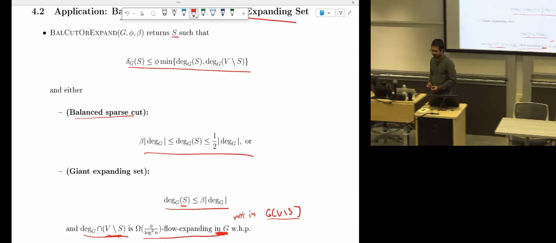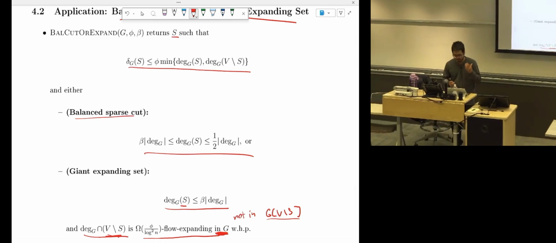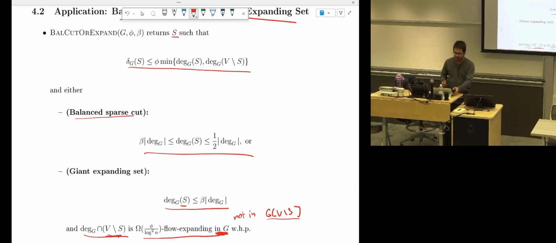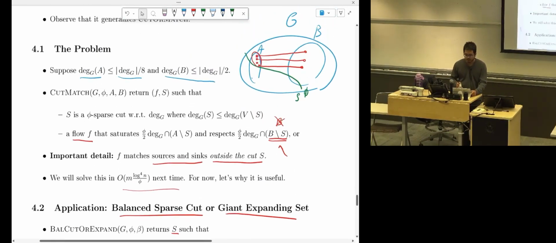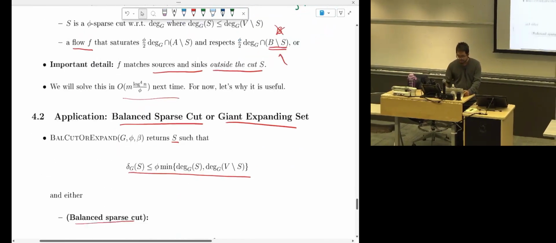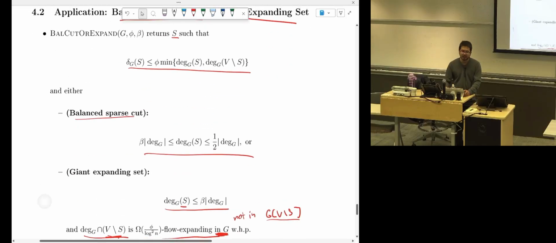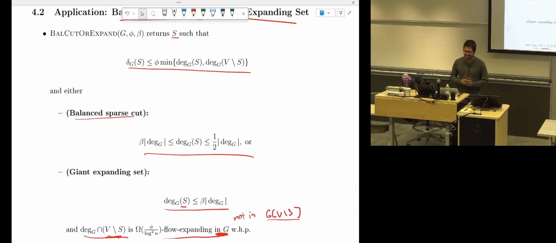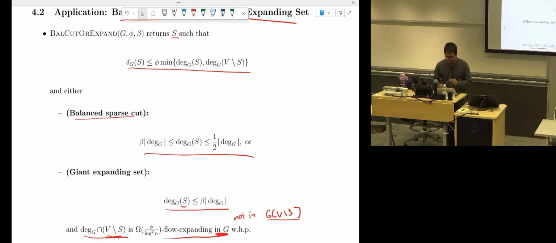Yeah, next class we're going to solve both expander trimming and cut and mesh using the same technique. It's basically a dynamic version of push-relabel. So it's a cool one.